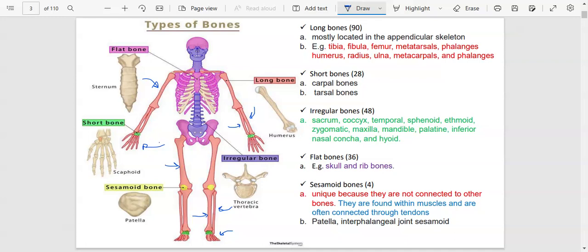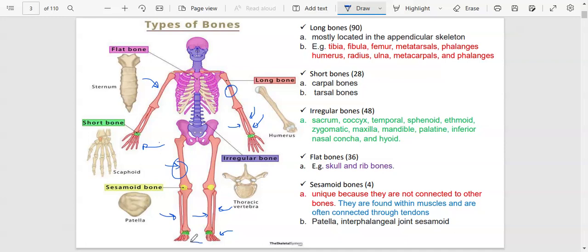Examples: on the hand, this bone we see here is the humerus. And when it comes to the legs, this long bone we see here is the femur. Then we come to the hand again, where we have the radius and the ulna, and on the leg we have the tibia and the fibula.